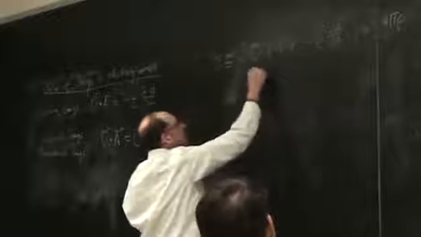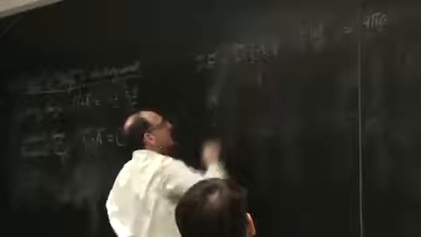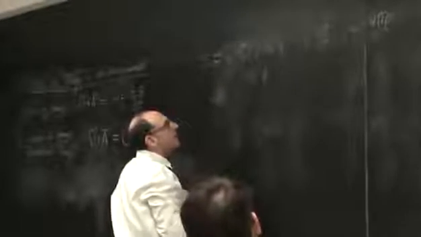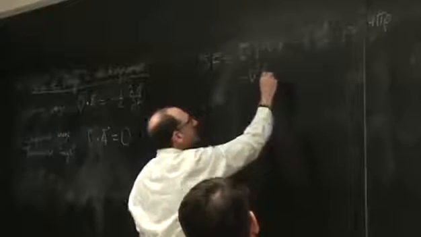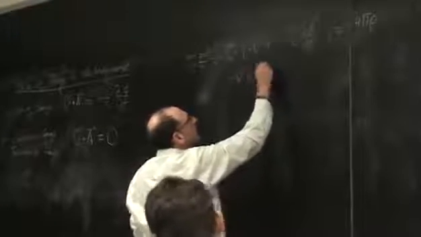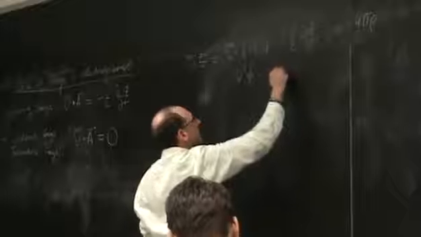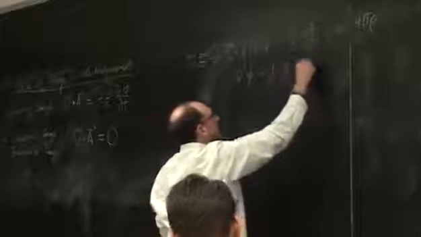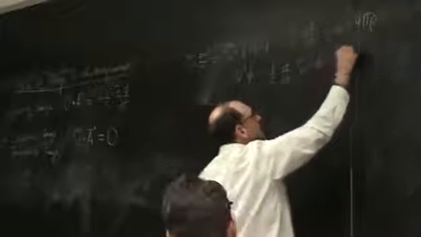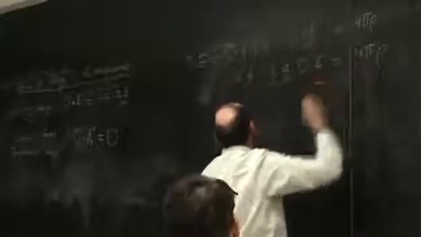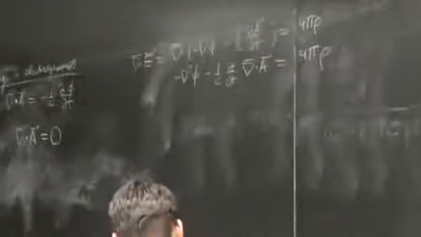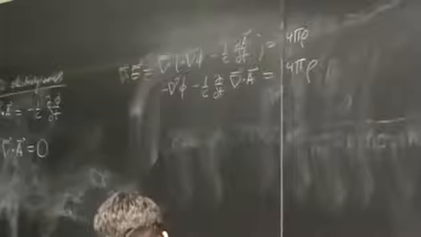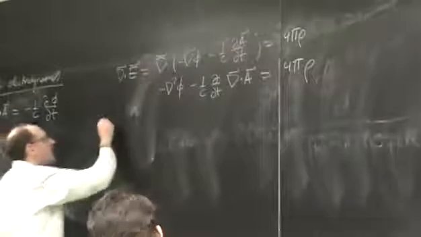Or minus the Laplacian of phi minus 1 over c d/dt of the divergence of A is equal to 4 pi rho. Okay?